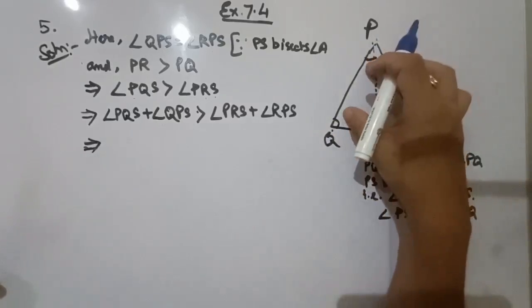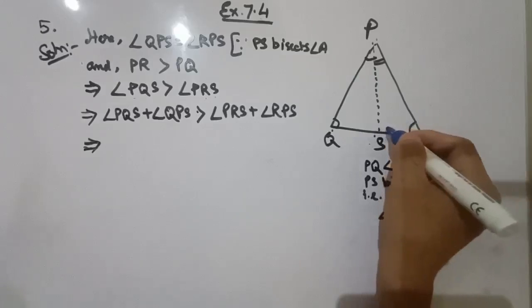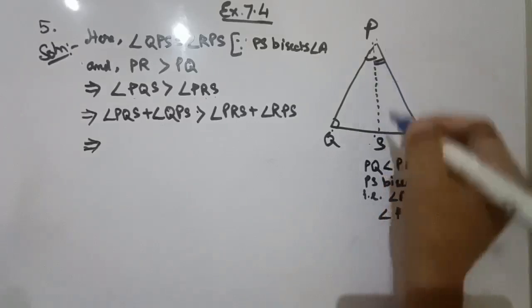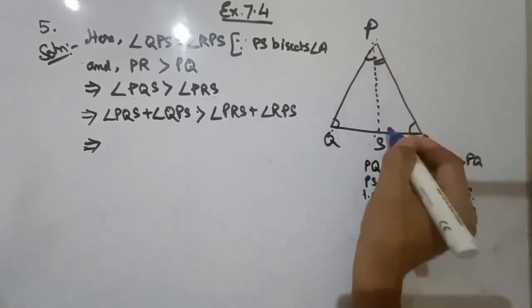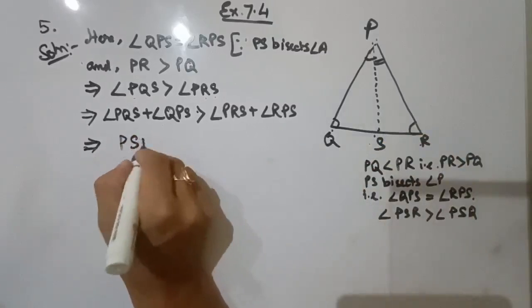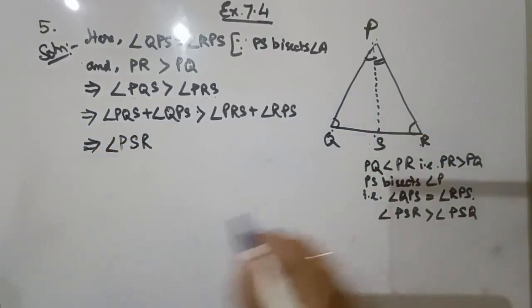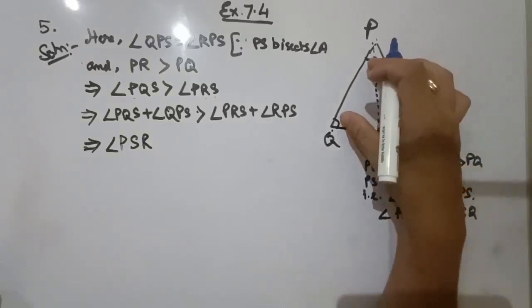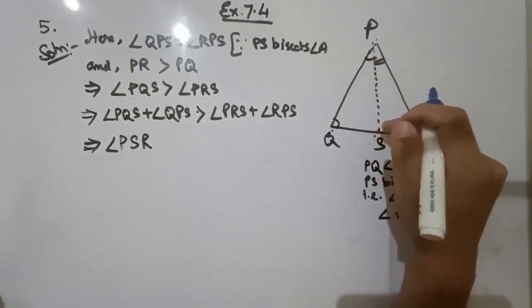So these two angles will be equal to angle PSR. Why? Because the exterior angle is equal to the sum of the two interior opposite angles.